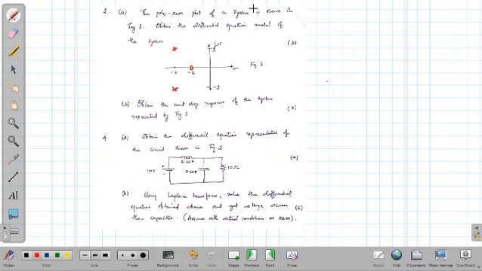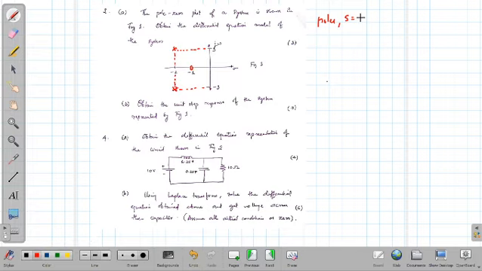So what you need to do is you must write the poles and zeros. So what are the poles? So let me try to write it here. Poles are S equal to, what is the pole location? Real part is -2 and imaginary part is +3 and -3.